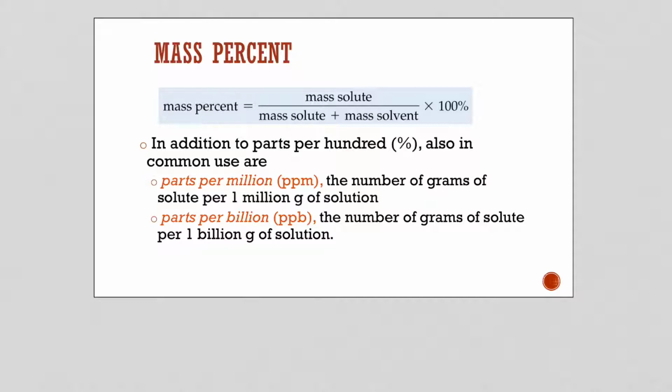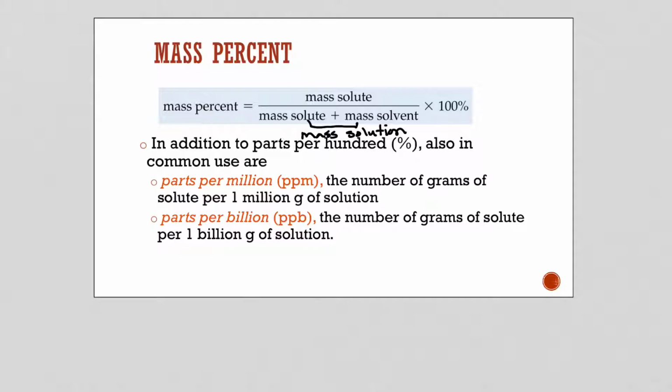So our mass percent will be our mass of solute over the mass of solution, remembering that the mass of solution, right, is the mass of the solute plus the mass of the solvent, right? Masses are additive. So if we know the mass of the solute and the mass of the solvent, we can add those two together to get to the mass of the solution.